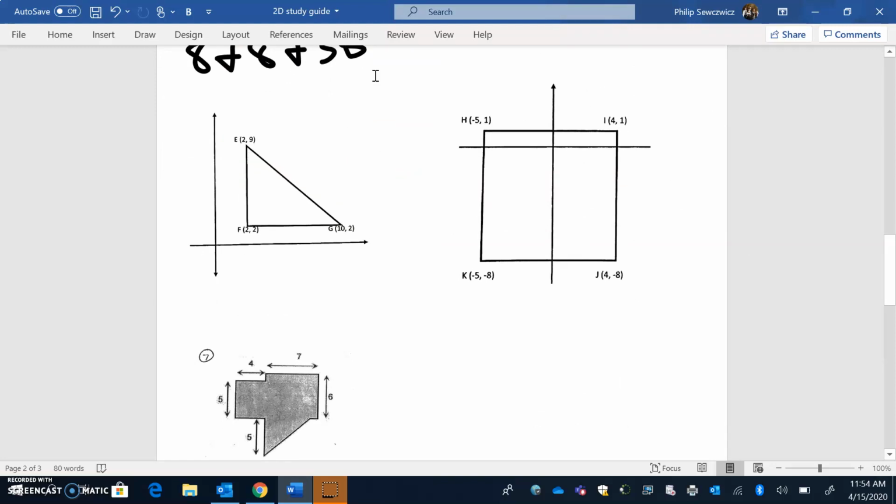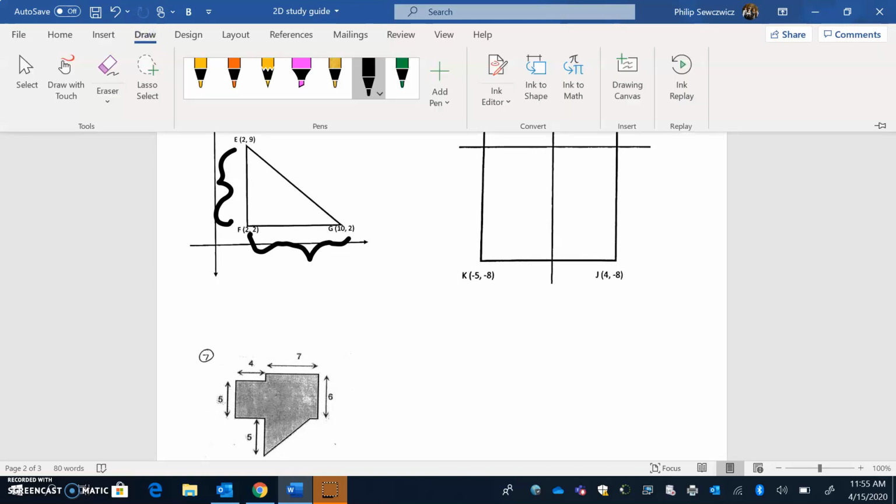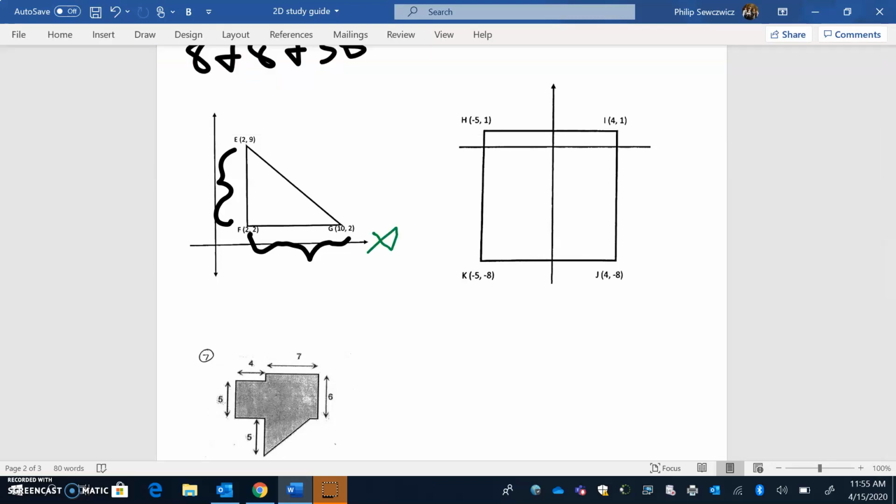All right. It's a triangle. Okay. So I need to figure out the area of it. So what we're talking about is, like on the first one, we need to figure out how wide it is, figure out how tall it is, known as the base and the height. Because this is our x-axis, we're going left to right. I need to figure out the x coordinates.